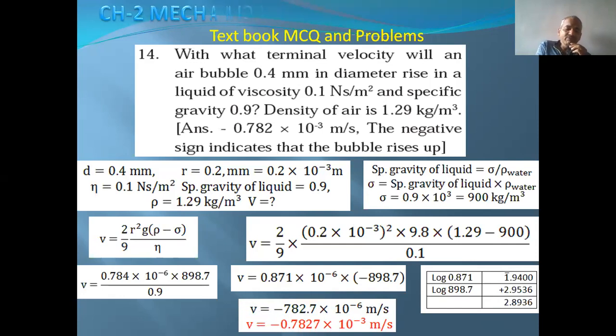Here we get the value for this velocity as a negative value, because the air bubble is floating in the liquid and it moves in the upward direction. Because of this, we get the negative value.